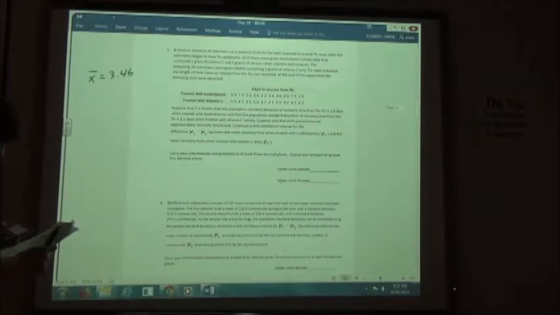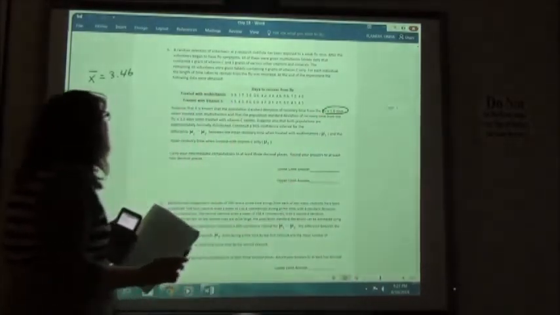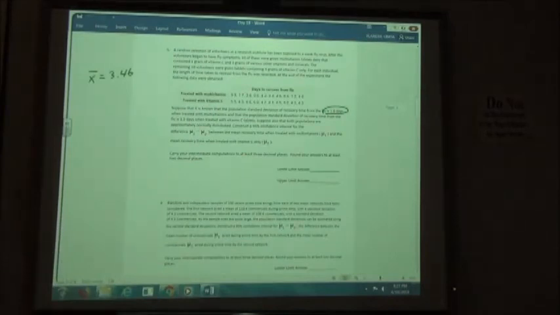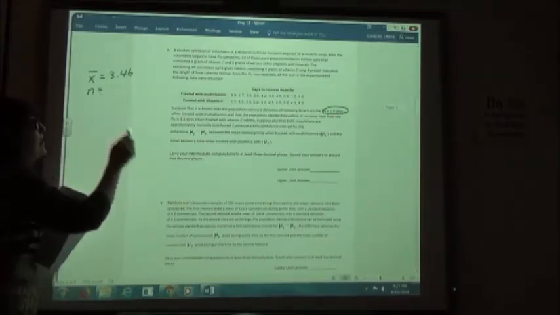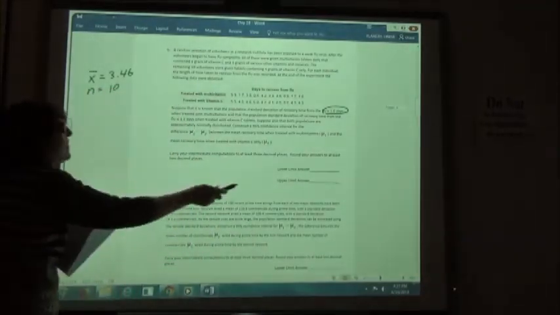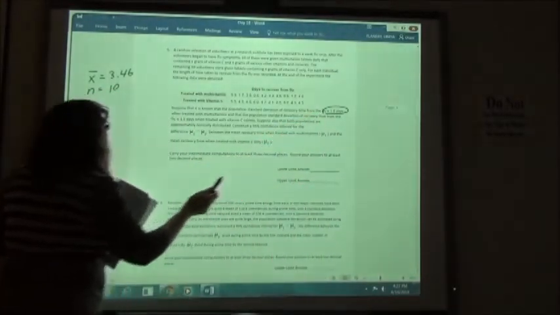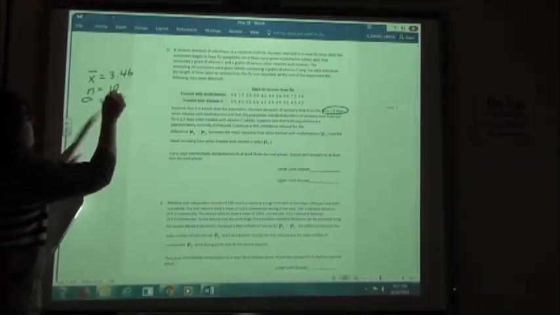Oh, I don't have to do the standard deviation. They gave me the standard deviation. That's why I'm looking. I just have to do the mean and the n. Well, I could have done that probably faster than doing the list then. Doing my mean, I got that. My n, how many numbers did I have? 10. N says 10. And then they're going to give us the standard deviation. So I'm going to use 1.8.